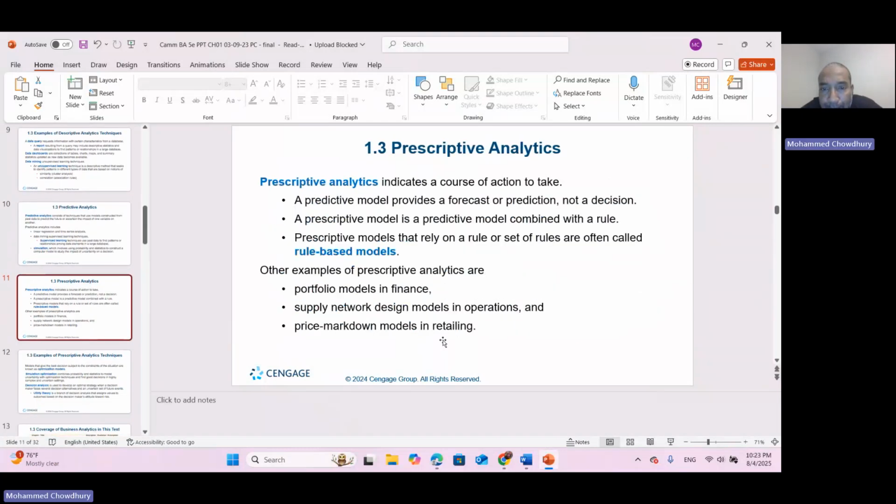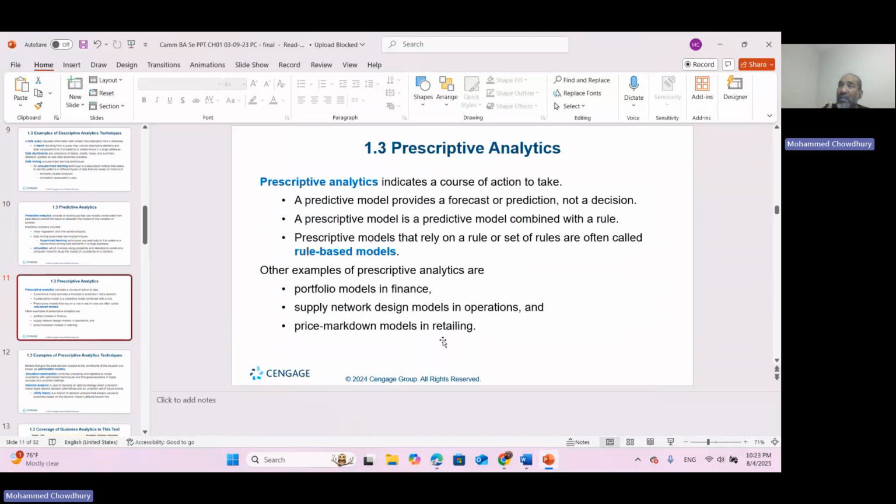So now the prescriptive analytics. What is prescriptive analytics? In order to understand the distinctions between descriptive, predictive, and prescriptive, let me refresh these three important words.